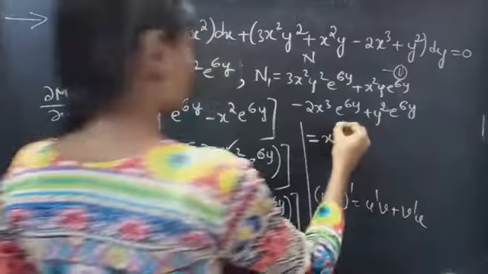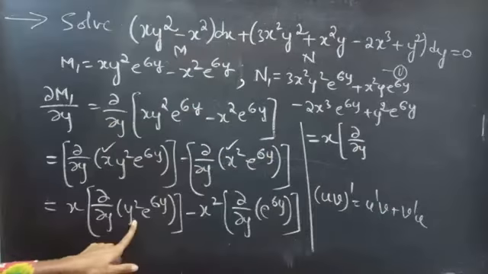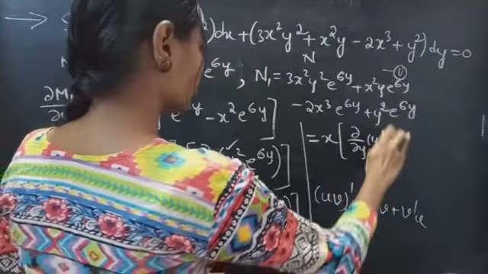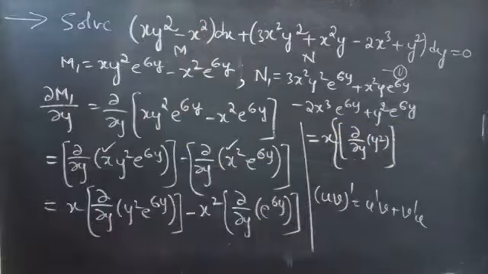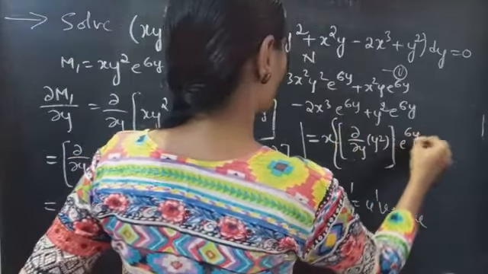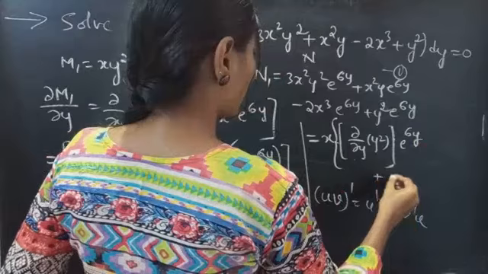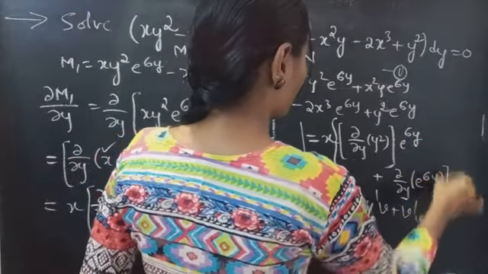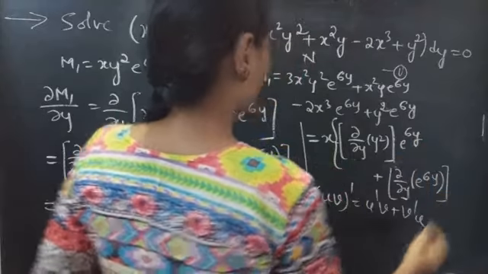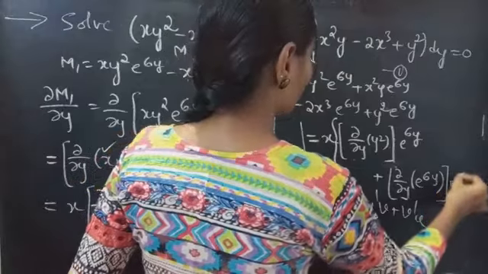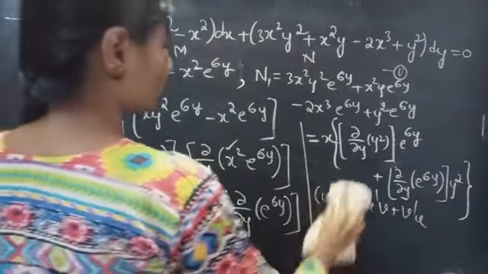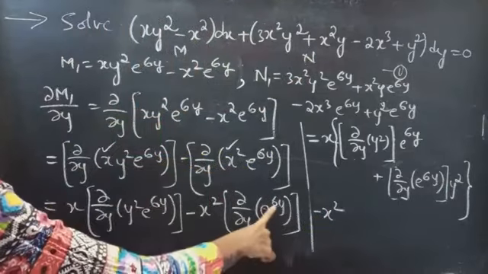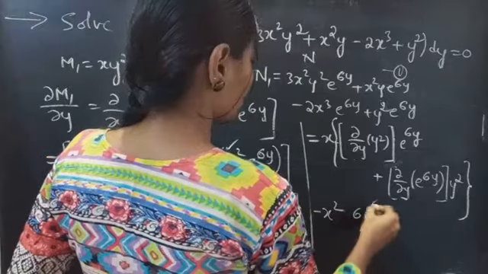So you can write this as the partial derivative of u, that is y square, with respect to y, into v, plus v dash, that is the partial derivative of e power 6y with respect to y, into u, for u equals y square, minus x square into the partial derivative of e power 6y, which is 6 into e power 6y.